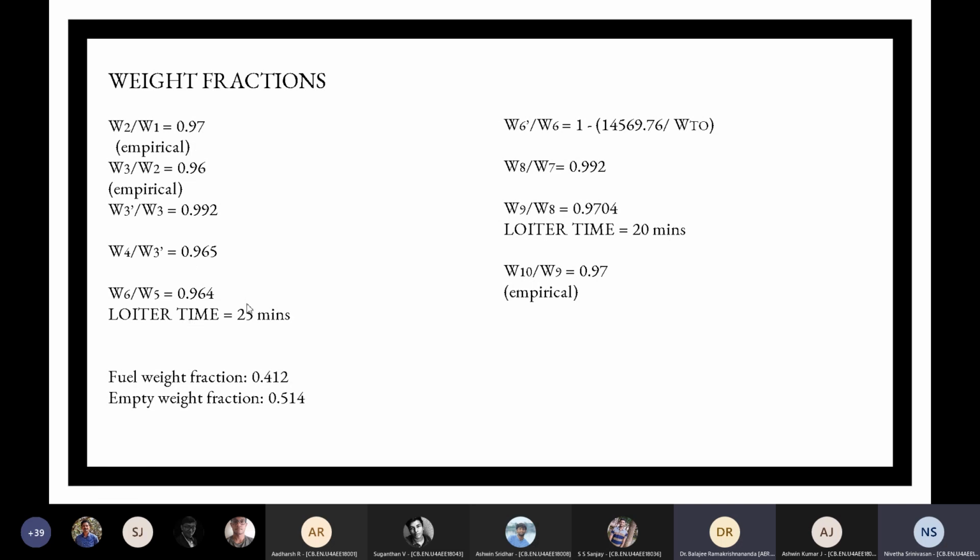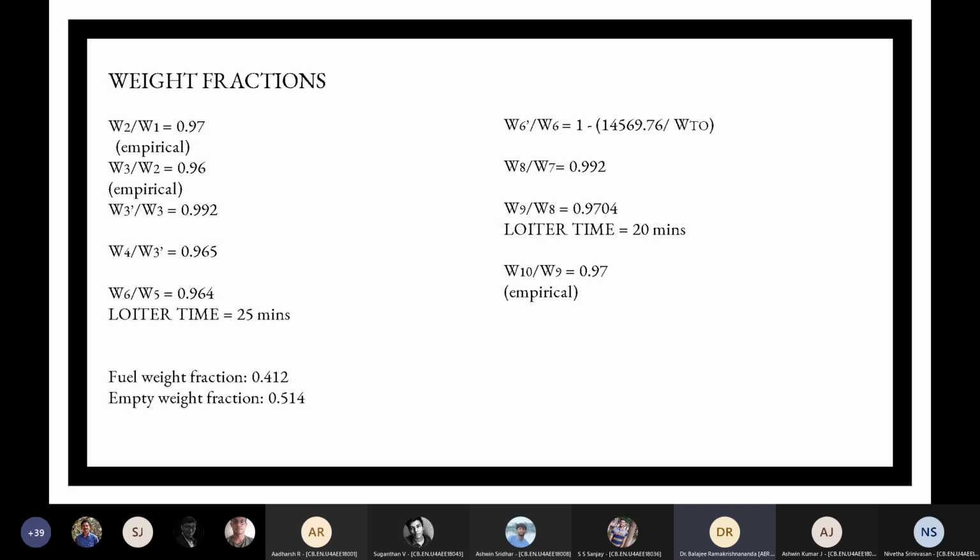Where is W7 by W6? Not shown here. Sir, that climb, we assumed that it wouldn't take too long. So the weight fraction, because from the altitude of combat to the altitude of cruise was pretty small, and since the rate of climb for interceptors is pretty huge, we neglected that weight fraction. No, rate of climb is huge means you'll consume large fuel.